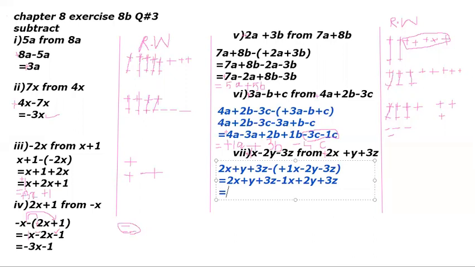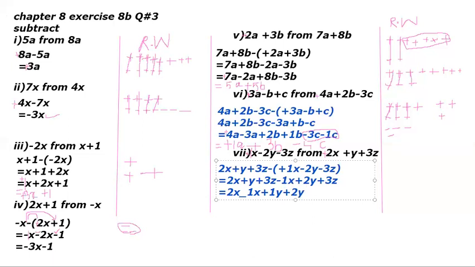There are three kinds of terms in this question: x terms, y terms, and z terms. I will collect the like terms: 2x and 1x. It's not only 1x, it is negative 1x. Then this is plus y. It is not plus y, it is plus 1y, right? And plus 2y.